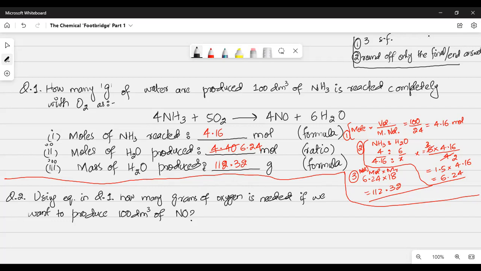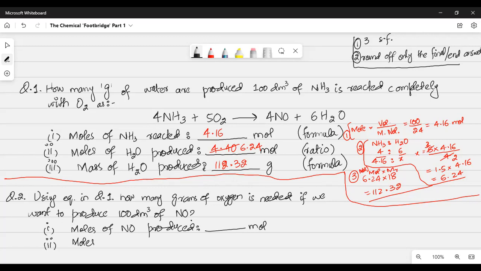So let me tell you what the steps are. Step one, moles of NO produced. Instead of reacted, since we are starting with reverse, so produced comes first, but that doesn't really matter since we're handling numbers. Whether we are going from the reactants to products or from products to reactants, it really does not matter.